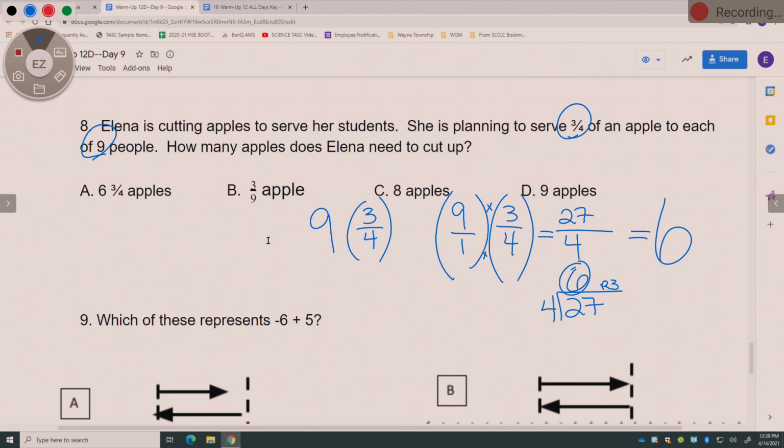It's my big number out front. My denominator stays the same as it was from the beginning, and my numerator is the remainder. So 27 over 4 is the same number as 6 3/4.